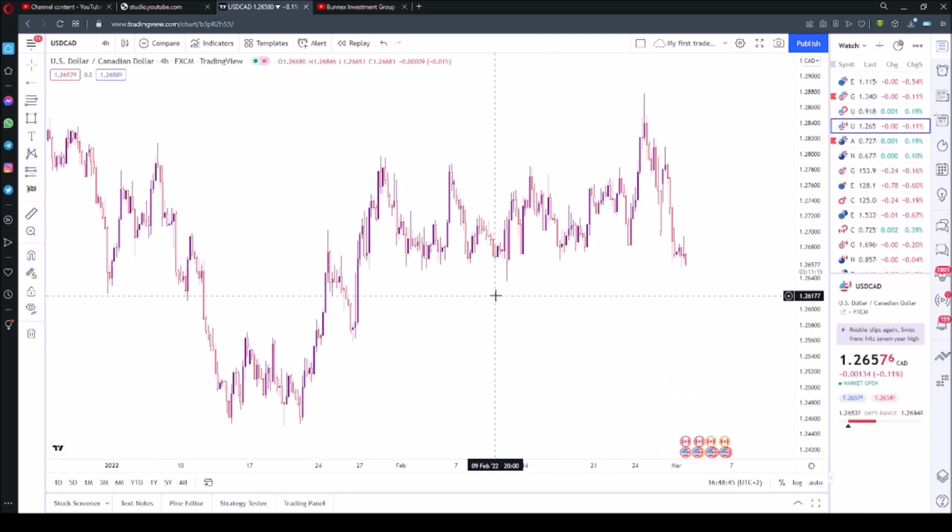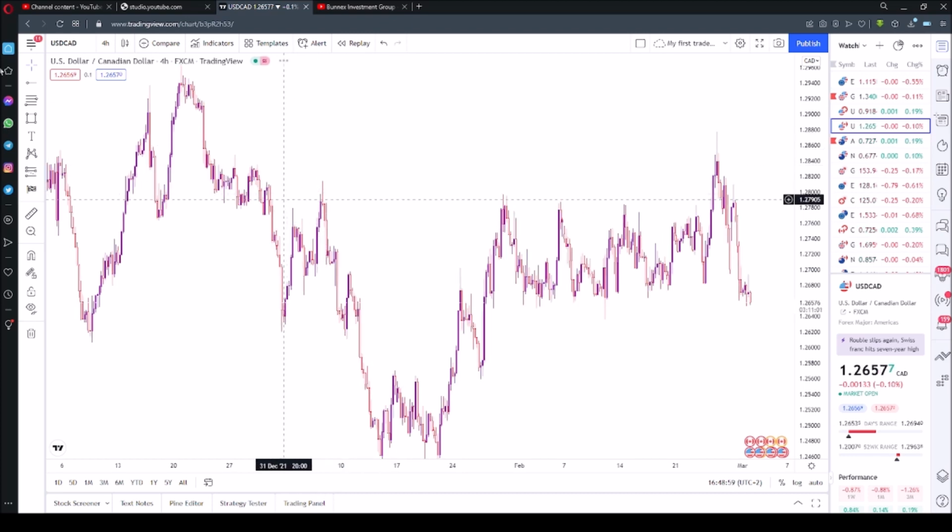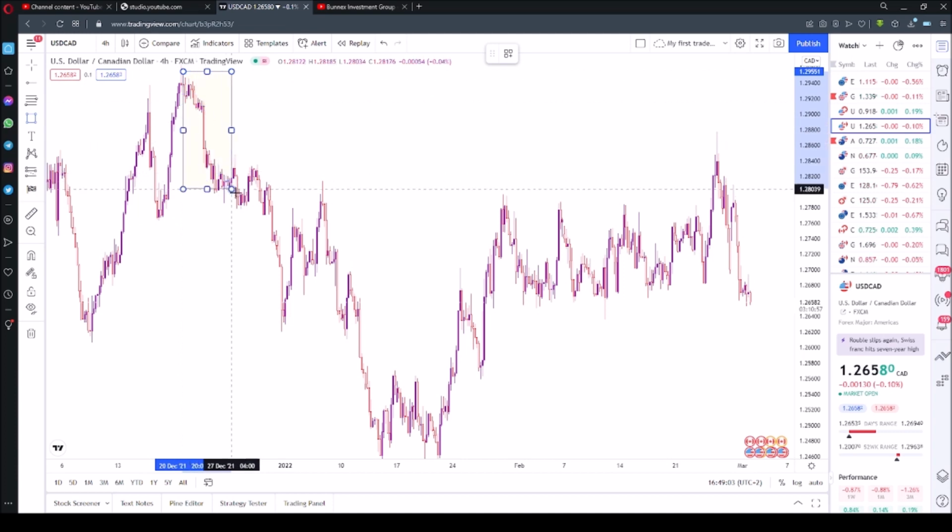So this is a USD CAD, right? I know as well the market context of the higher time frame, and you should also know that so that you have your levels counted in a proper way, right? So in this case, I'm going to take this as my datum, and from that datum we had the first drop, right?